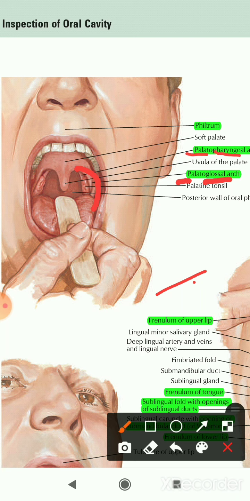So behind the tonsil, you can see another fold extending from the soft palate up to the wall of the pharynx, that is known as palatopharyngeal arch. So in front of the tonsillar fossa you will find the palatoglossal arch, and behind the tonsillar fossa or tonsil you will find the palatopharyngeal arch.